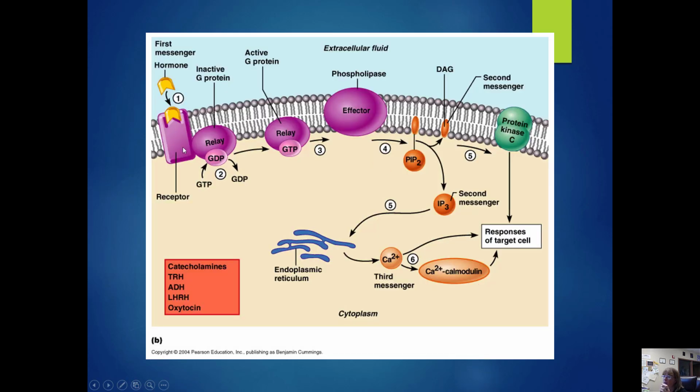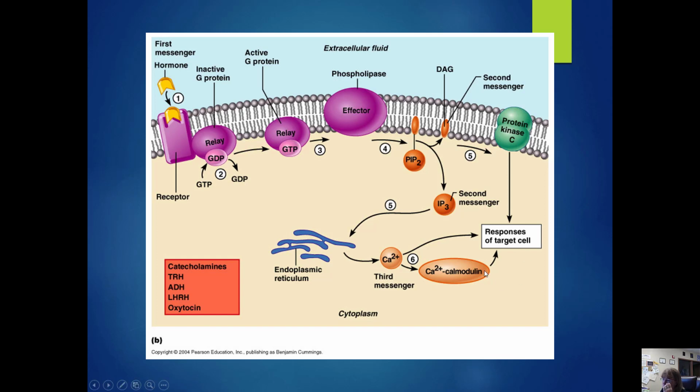So here the hormone binds. Again, we're activating G protein, but now instead we're going to use diacylglycerol or my phospholipase, and we're going to convert this PIP2 into IP3, which is then going to go to the smooth ER, and it's going to stimulate the release of calcium.